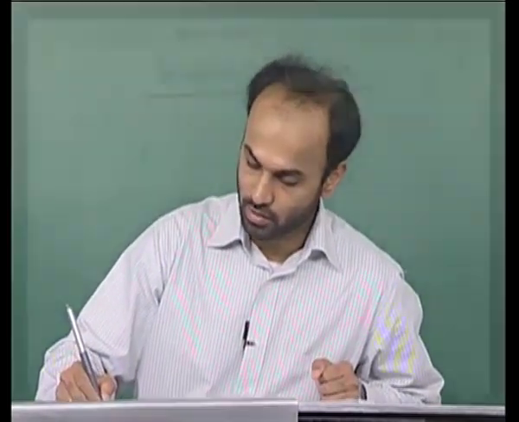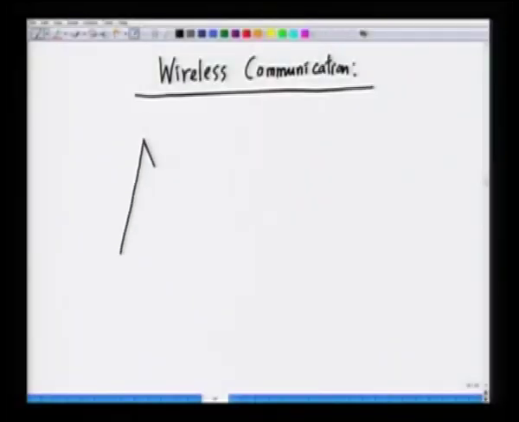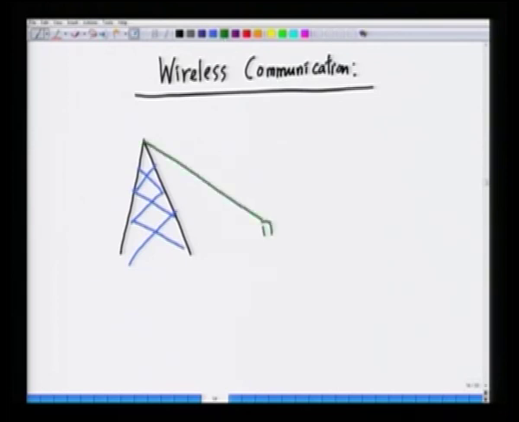A wireless communication system typically contains a base station. All right, let me use some color to represent this. It contains a base station that is transmitting to a mobile terminal, your mobile phone, which is technically also known as a mobile station.